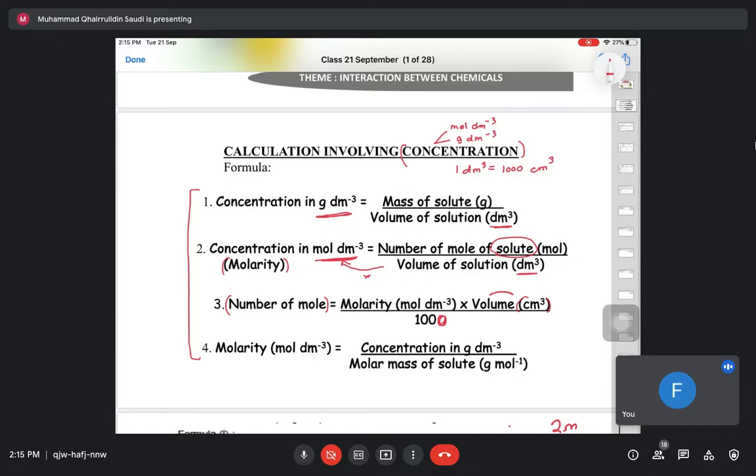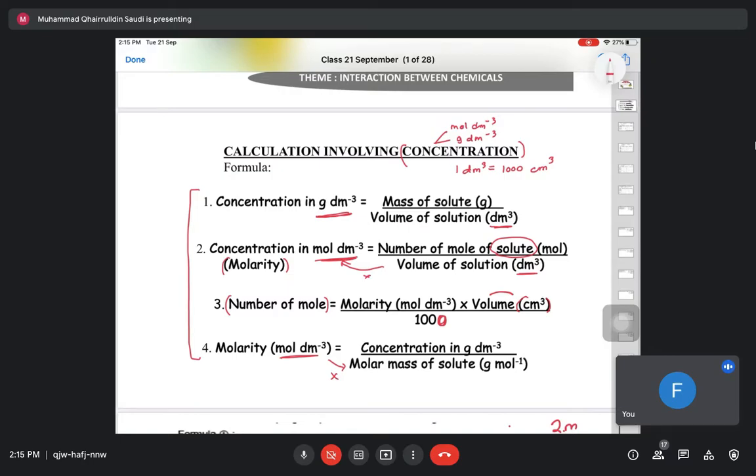The last one is the exchange between molarity and concentration in gram per dm cube. If the question wants molarity and it's given gram per dm cube, you take the concentration divided by the molar mass of the solute. If the question wants the concentration in gram per dm cube but it's given the molarity, you take the molarity times the molar mass of the solute.